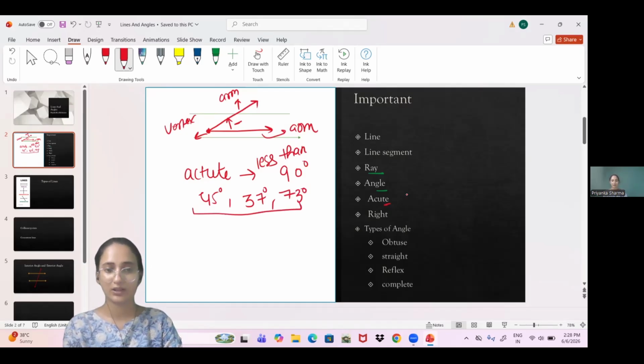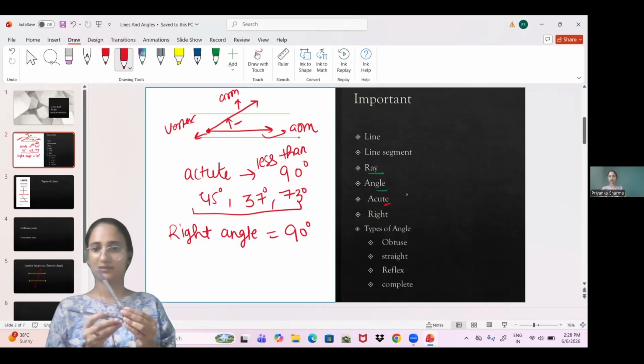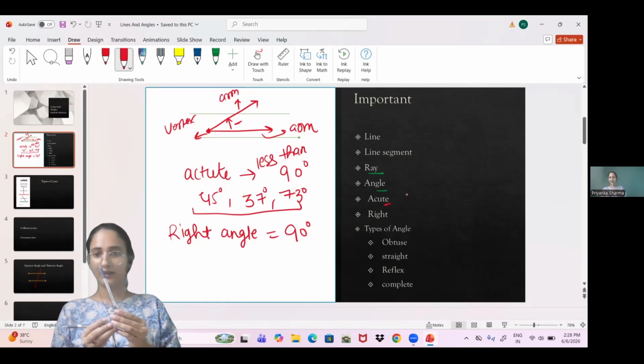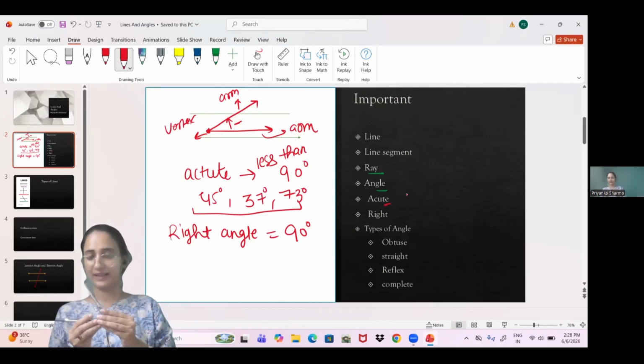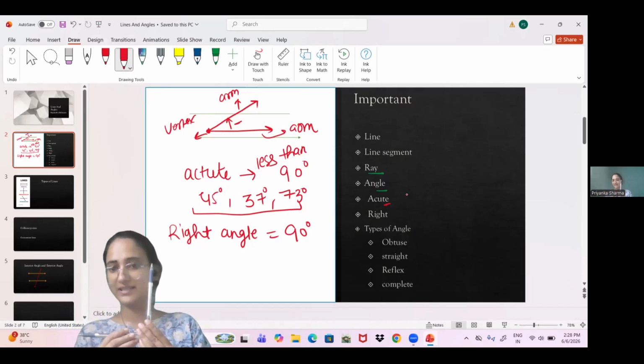If we have a right angle, the angle should be equal to 90 degrees. If I take this ray, for example, like this, is it visible to you? If it is making an angle less than 90 degrees, it is an acute angle. But if it is straight here, it is a 90 degree angle.